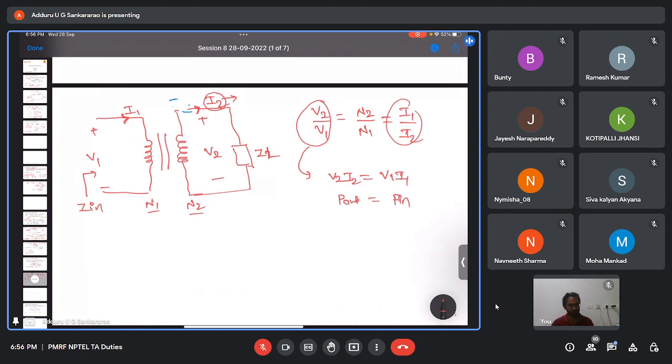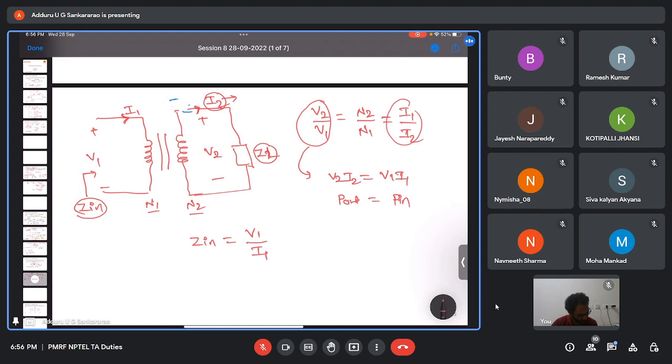It will not be wasted. Whatever power is given at the input, the same power will be produced at the output. Next, also the relation between input impedance and load impedance. Let us say for this, Zin is what? At the input side we can say V1 by I1, right?